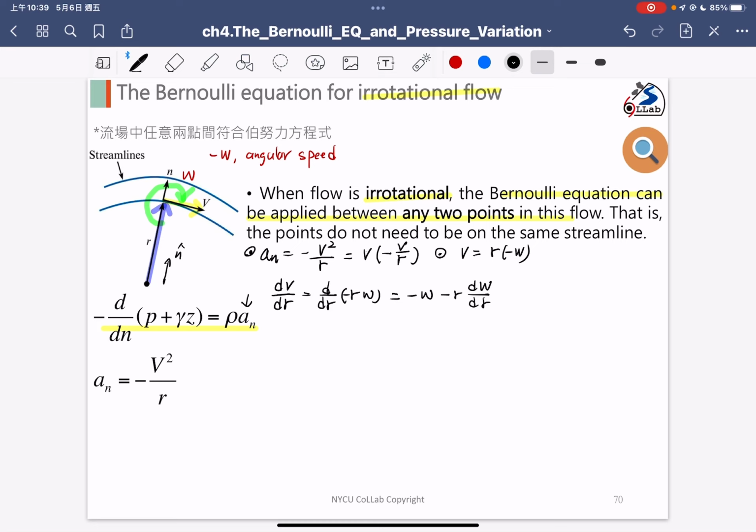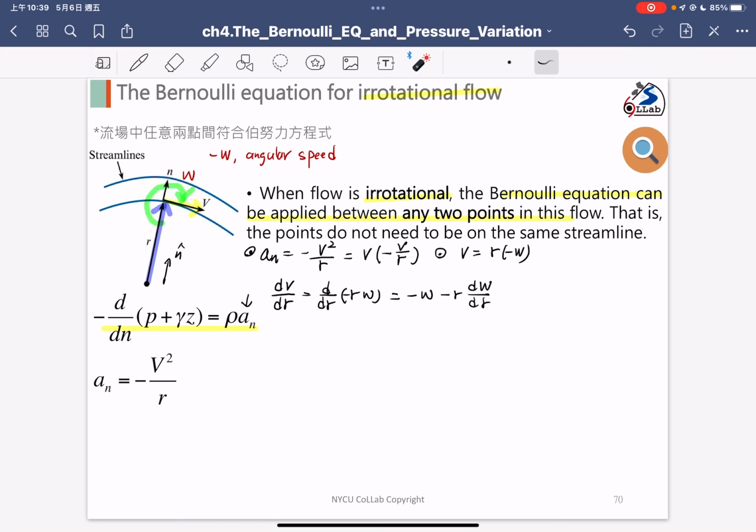Because our condition right now is rotational flow, we can assume the omega in here didn't change with r. That indicates that starting from here, r increases along the normal direction, but the rotational angular speed omega didn't change.